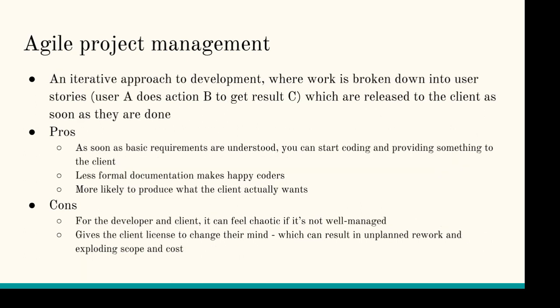So Agile project management is an iterative approach to development where work is broken down into user stories. A user story is of the format: user A does action B to get a result C. So a user story might be, let's say we're building an app where you can connect with dog walkers.